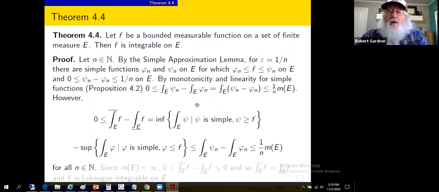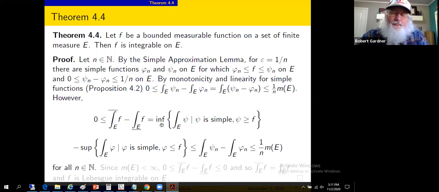Now we want to talk about upper and lower Lebesgue integrals. We know that the upper Lebesgue integral is greater than or equal to the lower Lebesgue integral, an observation from above based on simple functions, it turns out. So we get 0 is less than or equal to this difference. This one is bigger than that one, as observed earlier. The upper Lebesgue integral is exactly this.